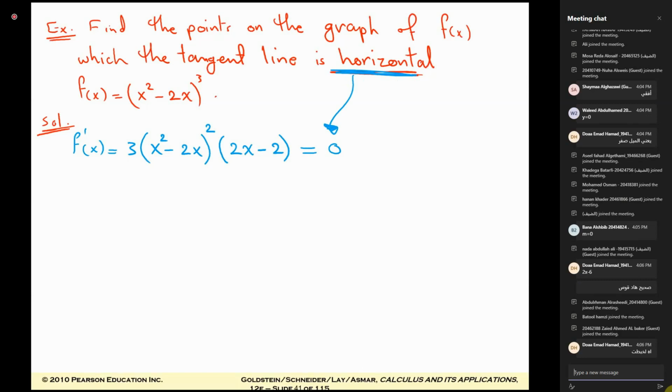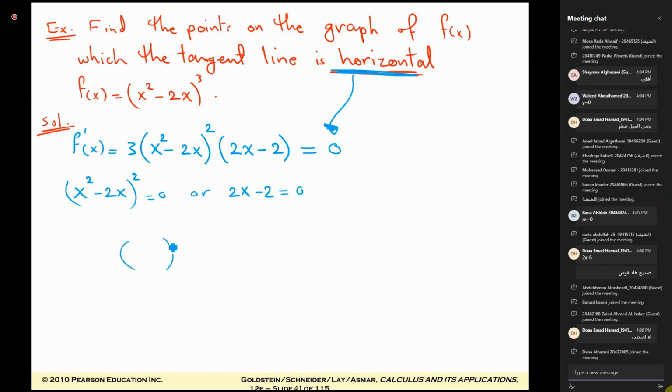So we have x square minus 2x all to the power 2 equals 0, or 2x minus 2 equals 0. For any brackets to any power equal 0, this means the inside of the brackets equals 0.